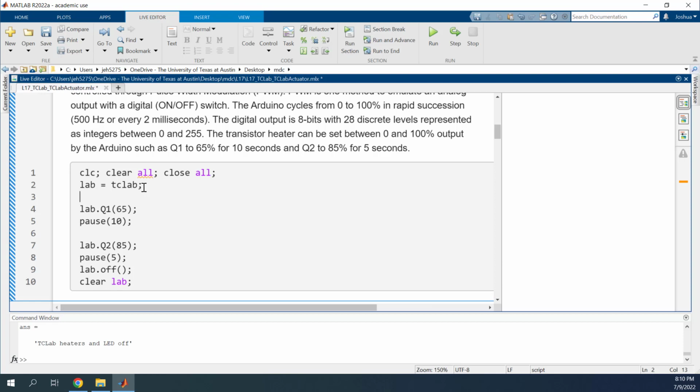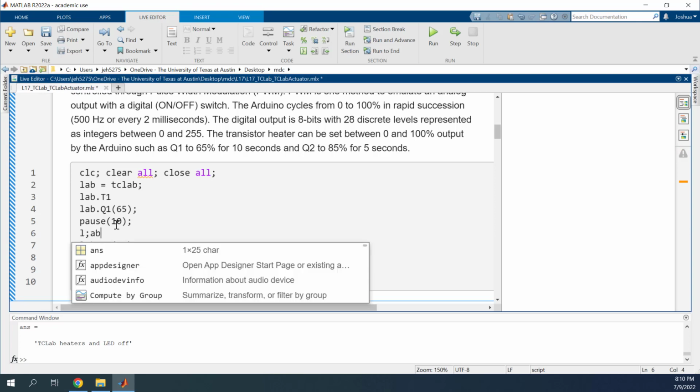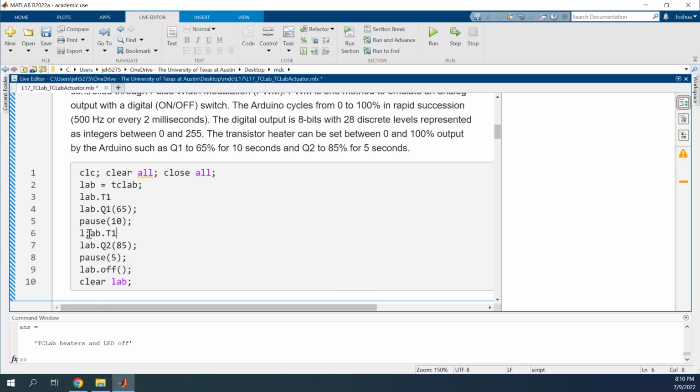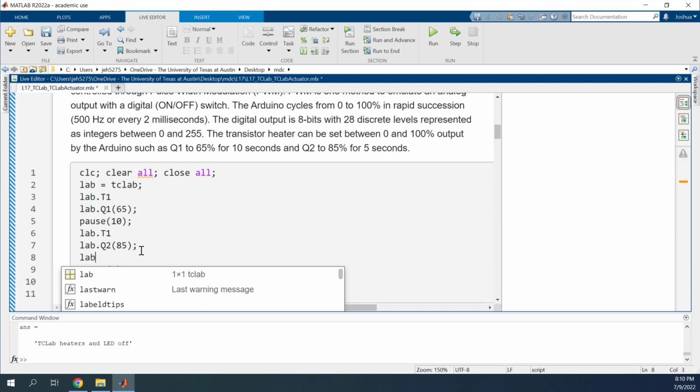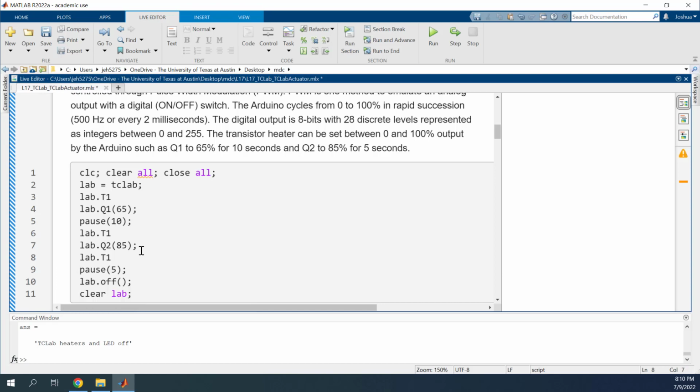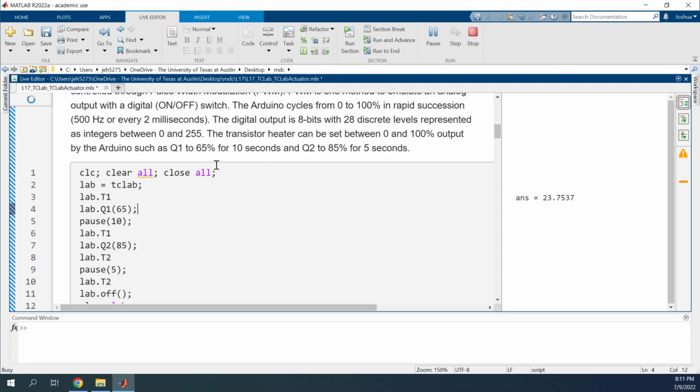So we're going to go lab.t1 without the semicolon, and then lab.t1 again, and then let's do that again for q2: lab.t2, pause 5, lab.t2. So go ahead and do this for the sake of that we were told to, if nothing else.